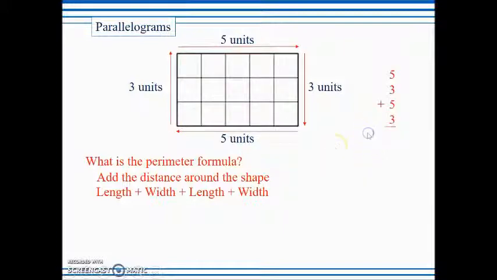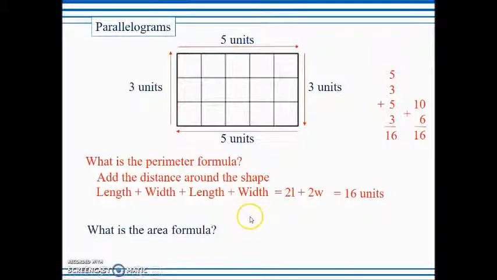When we add those together, we'll get the perimeter. Now you could also look at the formula as 2 lengths plus 2 widths. So I could get 10 plus 6, where I added the 2 lengths together and I added the 2 widths together. Either way, I get an answer of 16 units for my perimeter.